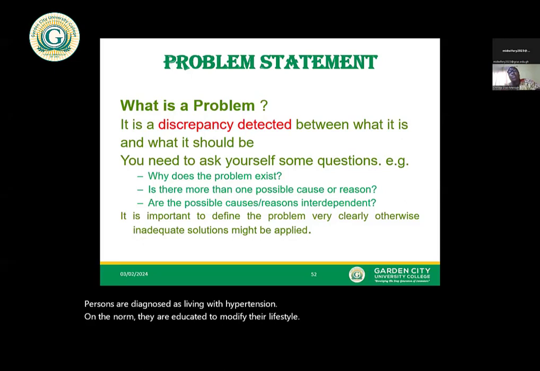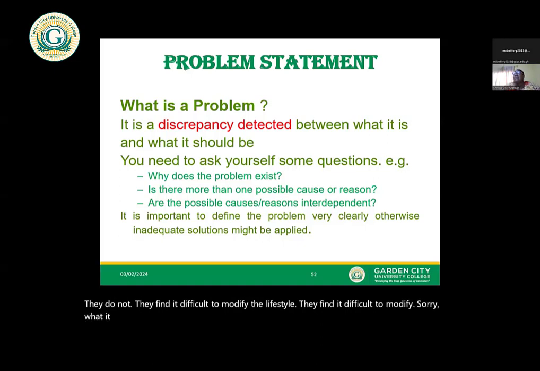That is what it should be. What it is, is that they find it difficult to modify their lifestyle. Sorry, what it is, is that they come with complications. And what is the discrepancy? They find it difficult to modify their lifestyle.